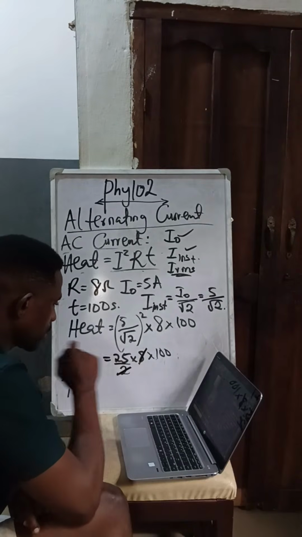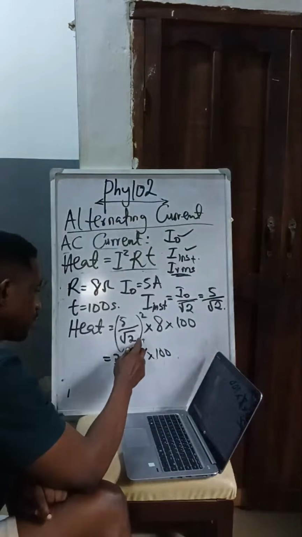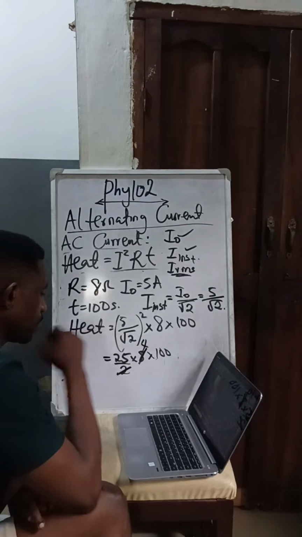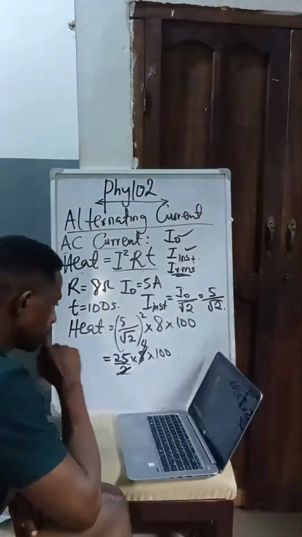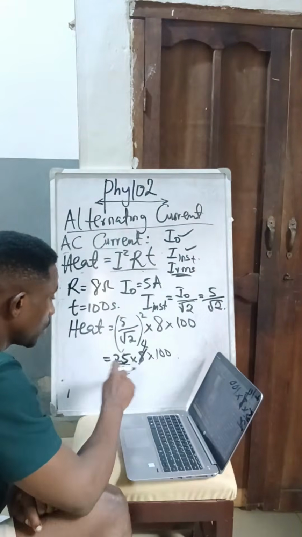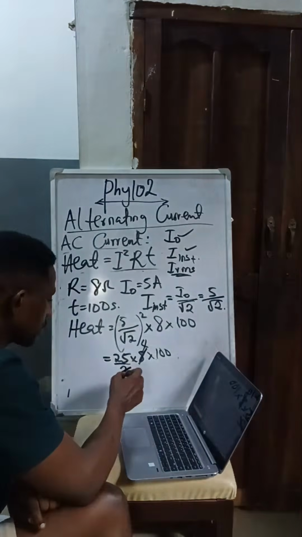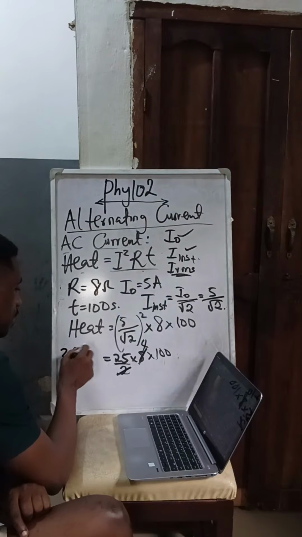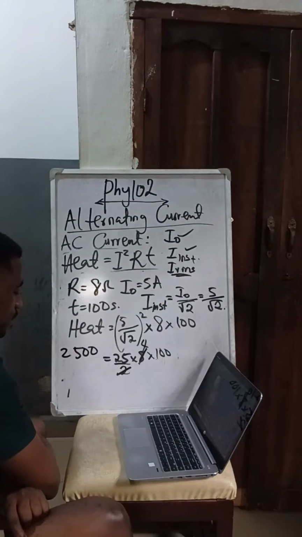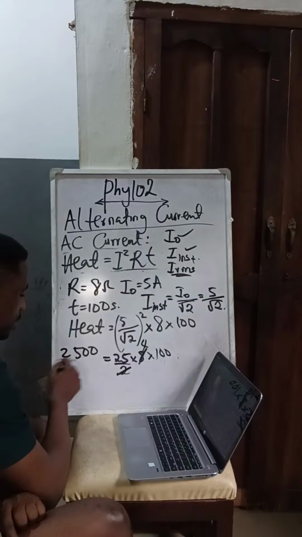Cancelling this, we have 400. So we say 25 times 400. We have 2,500 multiplied by 4.